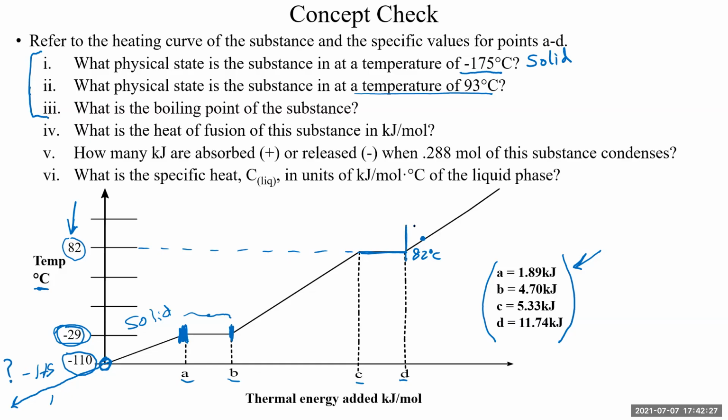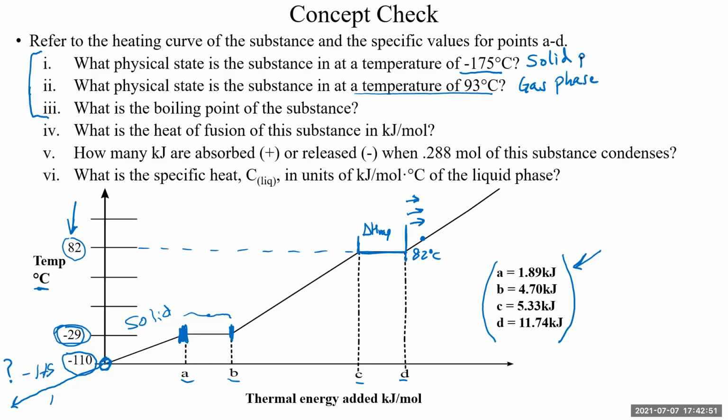So what physical state is this to the right of the heat of vaporization plateau? If you're at a point to the right of this region here, what physical state are you in? Obviously, you're in the gas phase because you've heated it up past its boiling point. You are now in the gas phase.